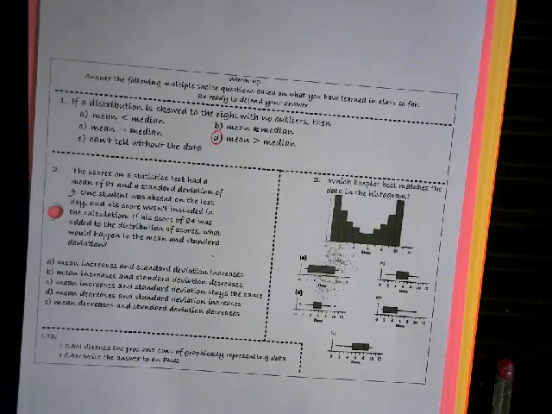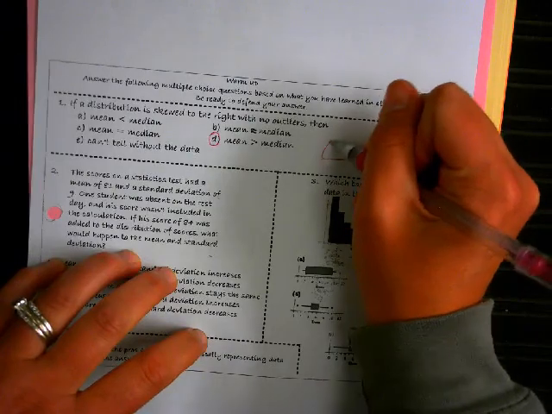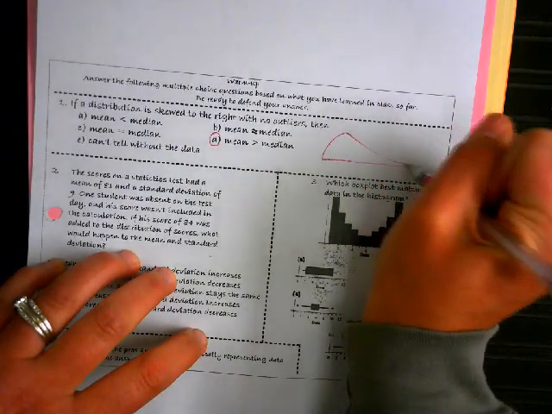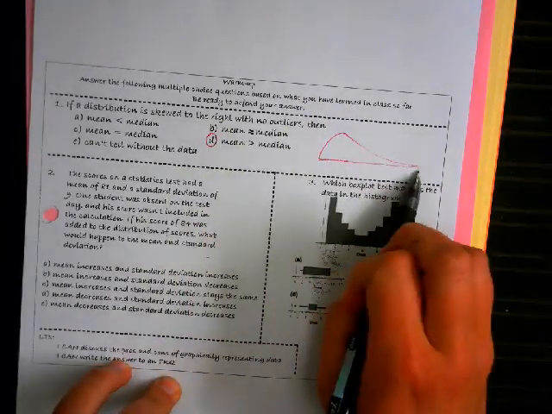No outliers, but it's skewed to the right, which means that we have the majority of our data down here, and then we got some high pieces of data. So, our mean, remember, it takes into account, it adds all the pieces together.